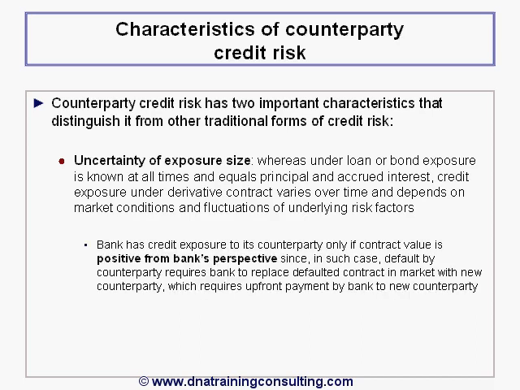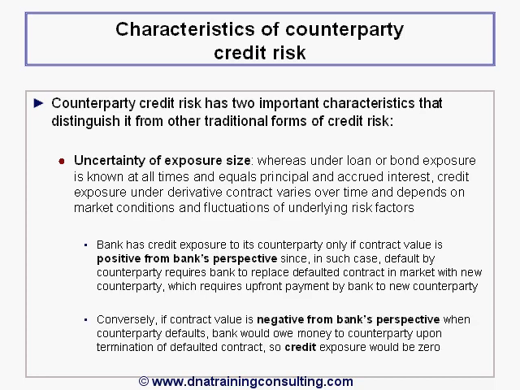A bank has credit exposure to its counterparty only if the contract value is positive from the bank's perspective, since in such a case, a default by the counterparty would require the bank to replace the defaulted contract in the market with a new counterparty, which will require an upfront payment by the bank to the new counterparty.